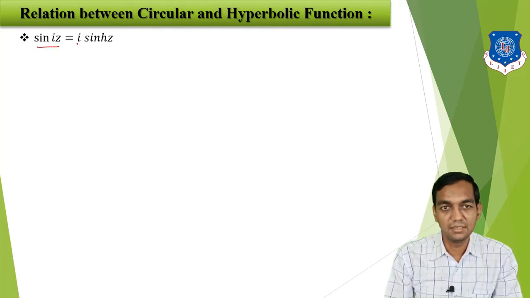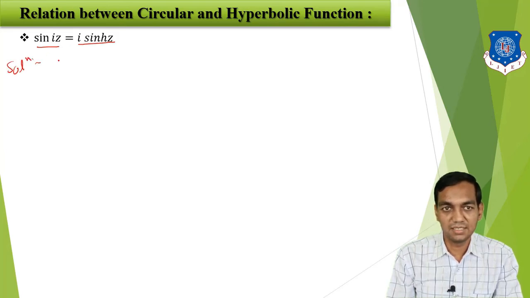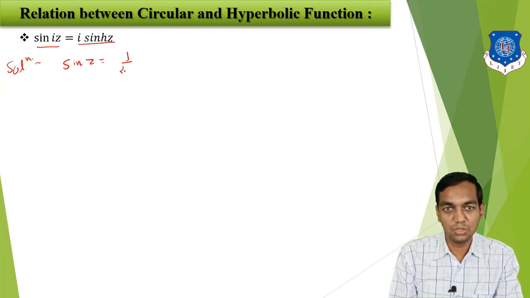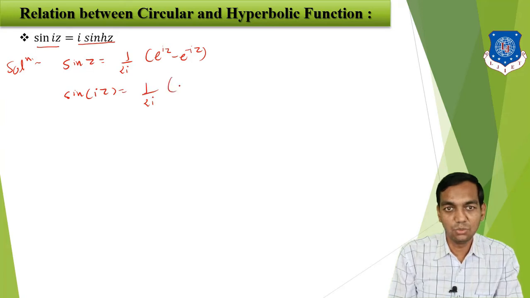Relation between circular and hyperbolic function. Sine of iz is equal to i sine hyperbolic z. Now it is very simple, you can start with either side. I am starting with sin z is equal to 1 upon 2i into e raised to iz minus e raised to minus iz, correct? And you are replacing z by iz. So sin of iz will be 1 upon 2i into e raised to i into i, that is i square z, minus e raised to minus i square z, correct?